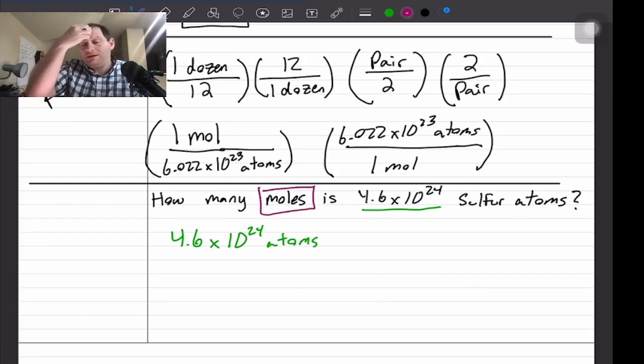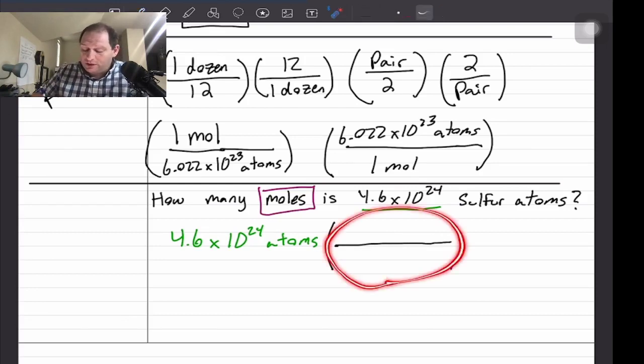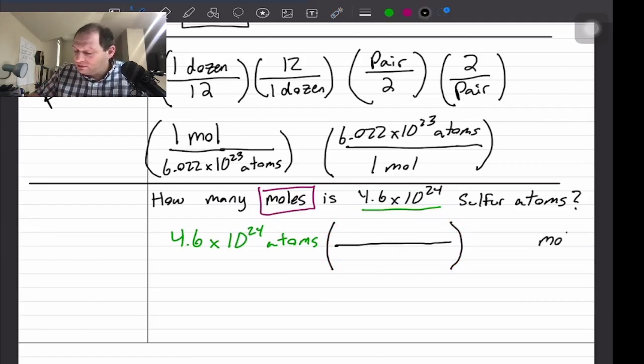Moles is my end game. So we use a conversion factor to get to that. Which conversion factor? We're not sure. So I'm going to plug in a little blank here for the conversion factor. We're going to figure out which one we need. Our end result, we want to get to moles, equal blank moles.